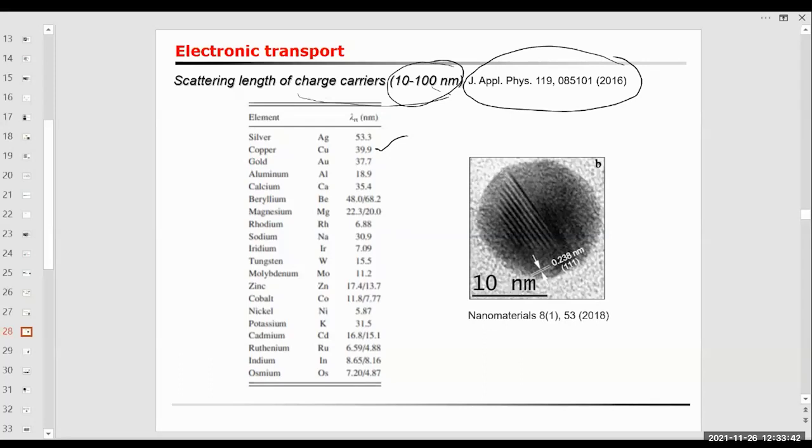The scattering cross section or the scattering length of electrons is the most important parameter in deciding the electrical conductivity in that particular material.